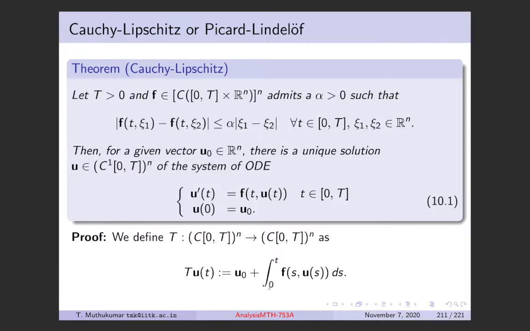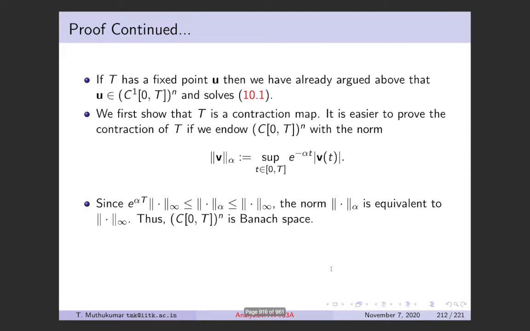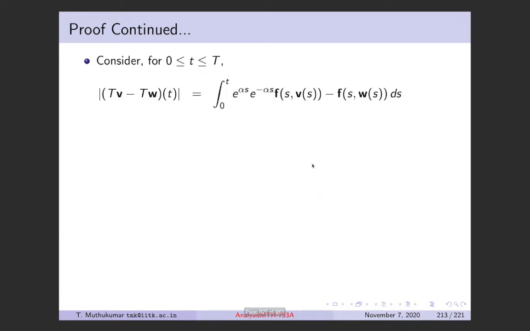So you will have your integral from 0 to t of f(s, v) minus f(s, w), right? That's what we have here. We have just multiplied and divided by e to the power alpha s here, okay?